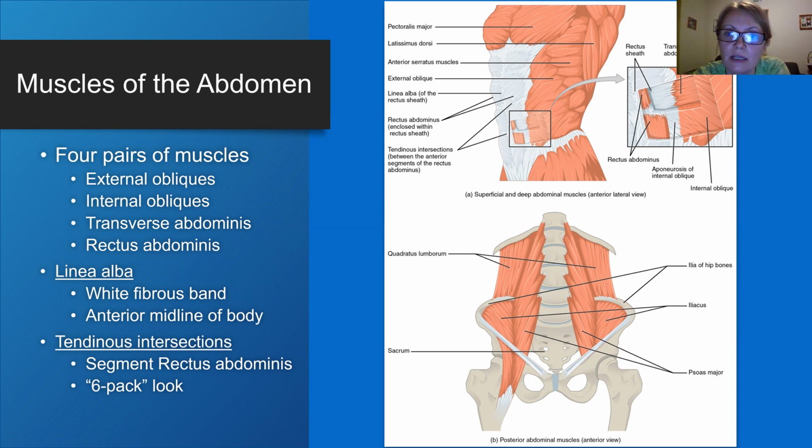External oblique fibers go the way you would put your hands inside your pockets. Then internal oblique goes the opposite way. And then you have transversus abdominis that goes horizontally. Those are pretty thin muscles if you don't train them. If you train them, you have the six-pack, right?